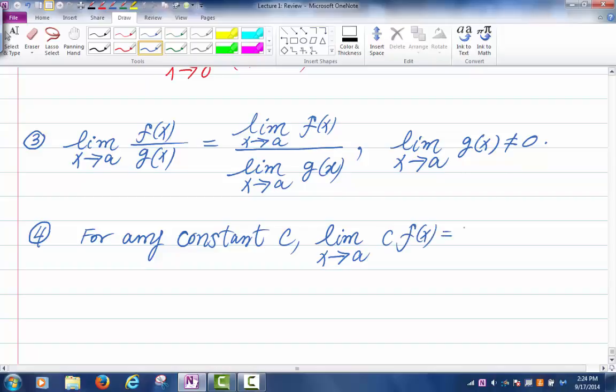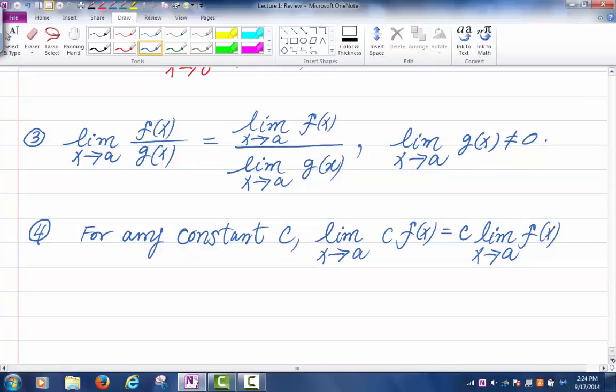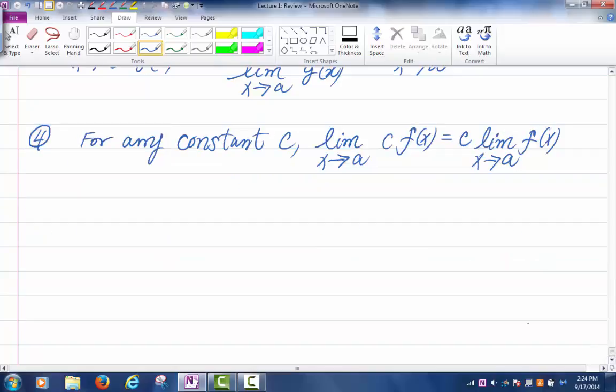So if you have a constant factor in your function, that can be factored out of the limit. So it would be c times the limit of f. I'll demonstrate this in a bit in an example. And then 5.